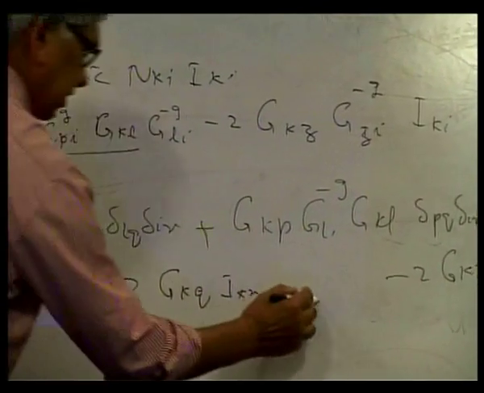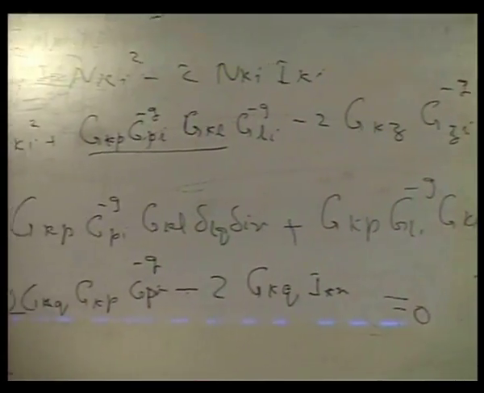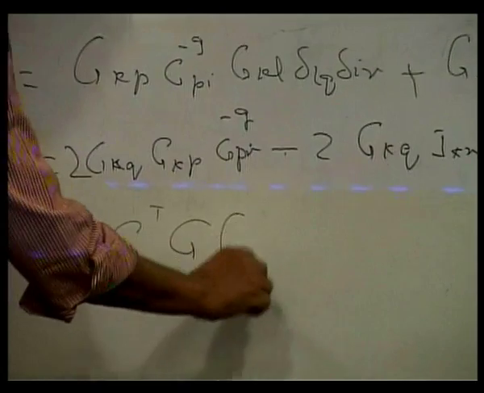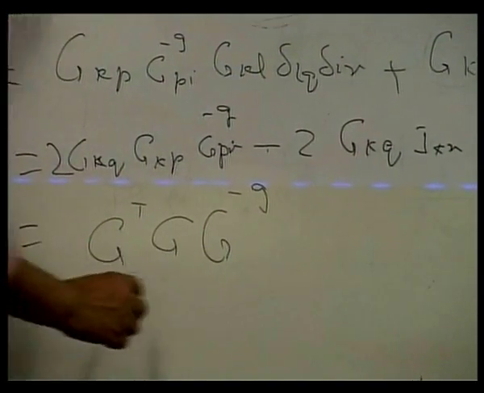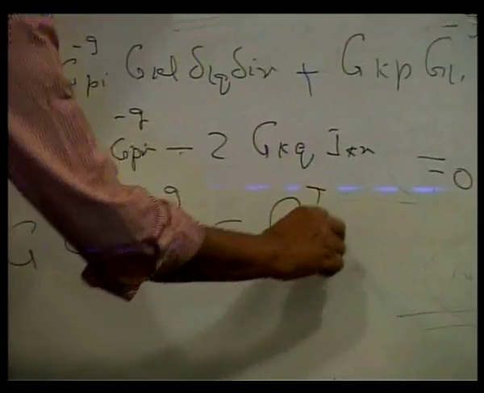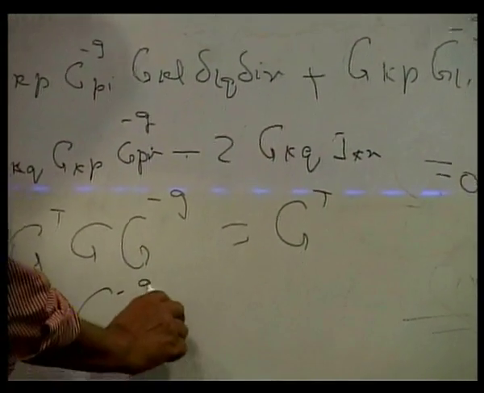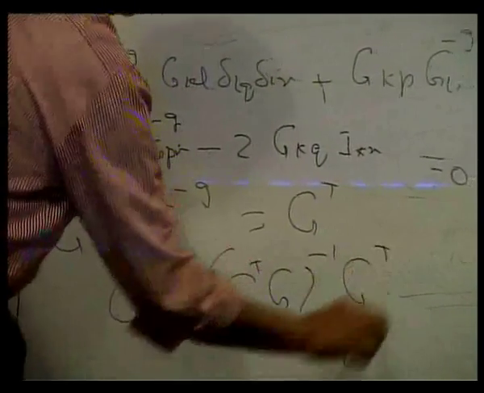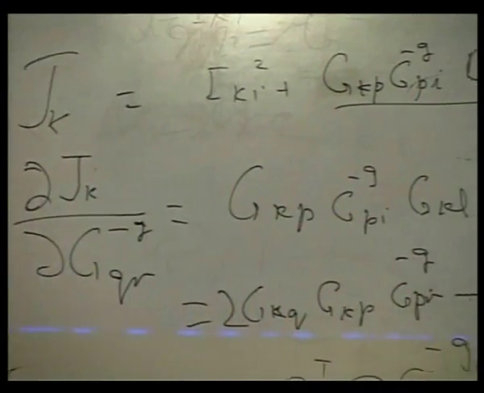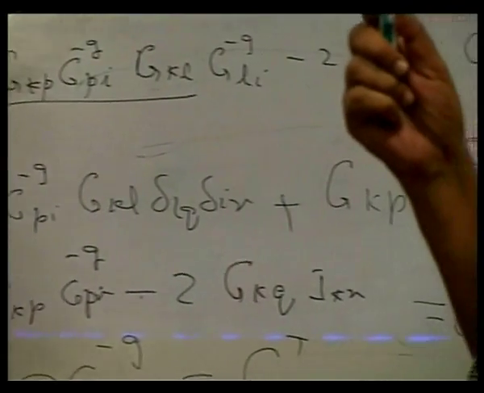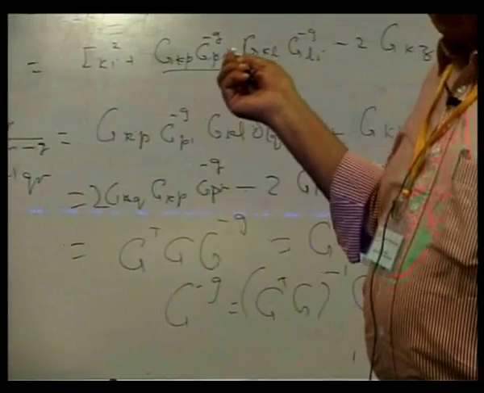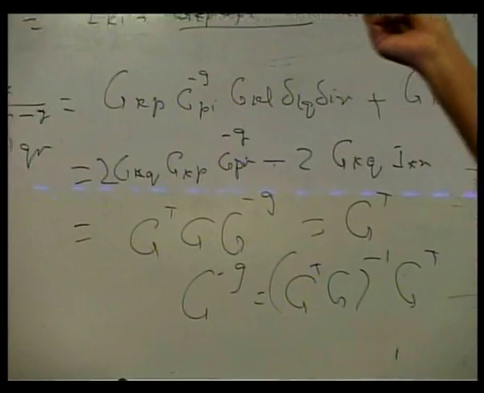And this I equate to 0. And I take the transpose of this, so I can write it as G transpose. And that's exactly what you would have got if you had minimized the least square. So, if you like this angle of justification for the least square inverse, it is a very oblique one.